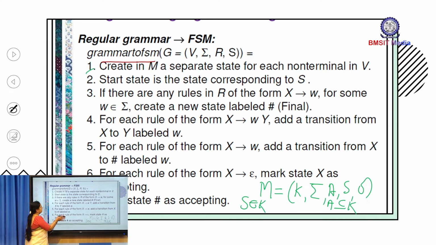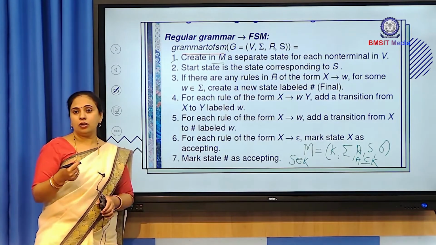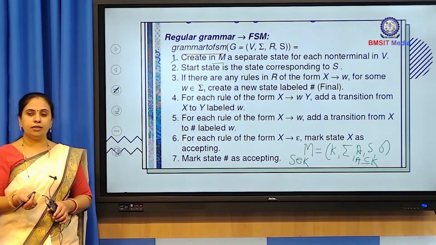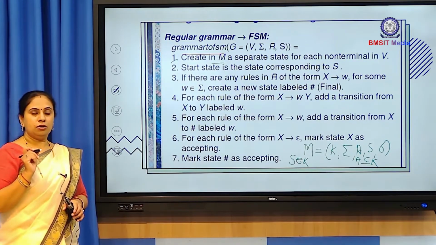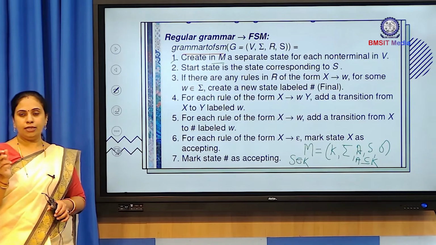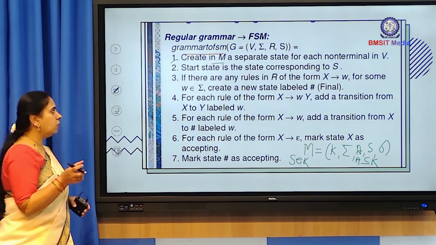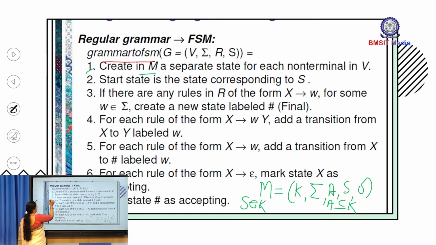Keeping this in line, create in M, that is the finite state machine, a separate state for each non-terminal in V. However many non-terminals are defined in capital V, we have to create each non-terminal as a dedicated state for the equivalent machine M. That is step 1.